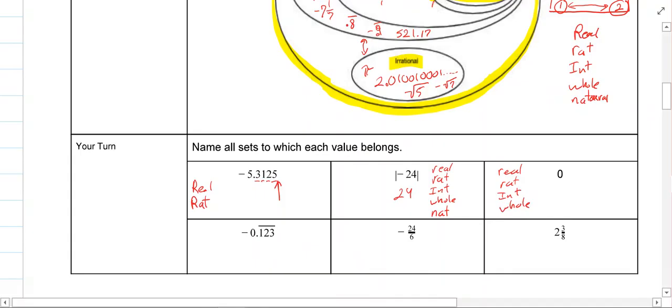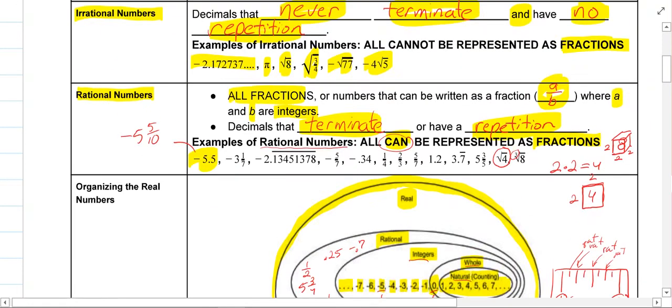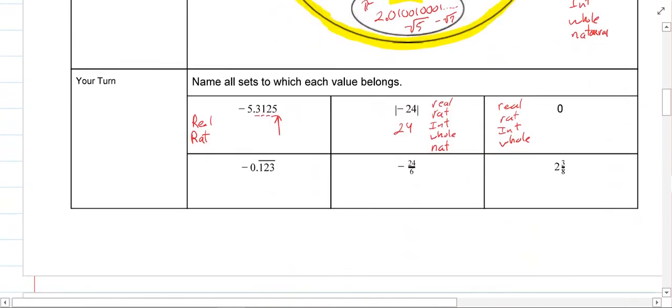All right, going down to a repeating bar. Now this is our first repeating bar, but we have some information up here. Okay, it says that rational numbers, way back up in our notes, are decimals that terminate or have a repetition. All right, is there a repetition here to this repeating bar? Yes. What does that repeating bar mean?